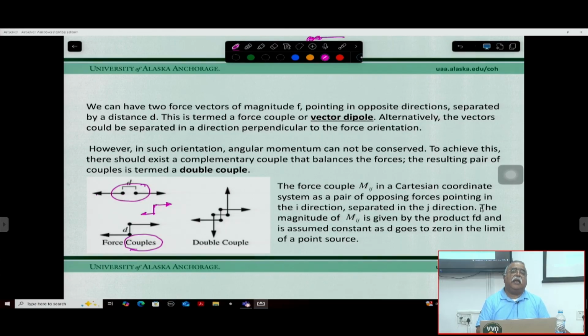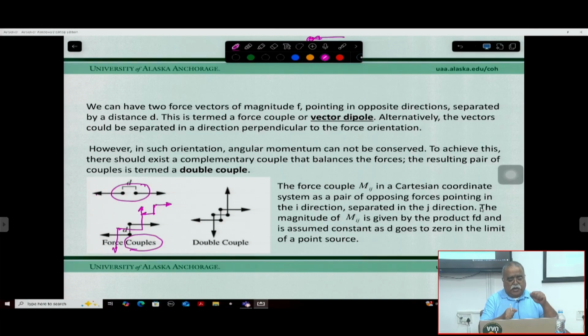So in order to conserve the angular momentum, we have to use a double couple. So that means this is one force couple, and then there is another couple. So if these two couples are present, then the angular momentum will also be conserved, right?